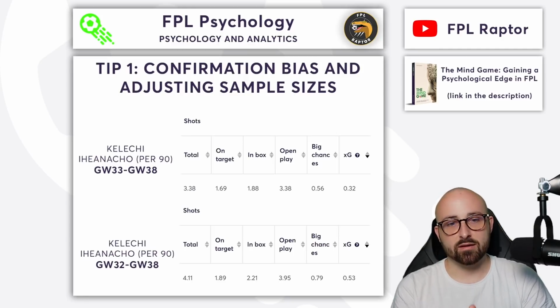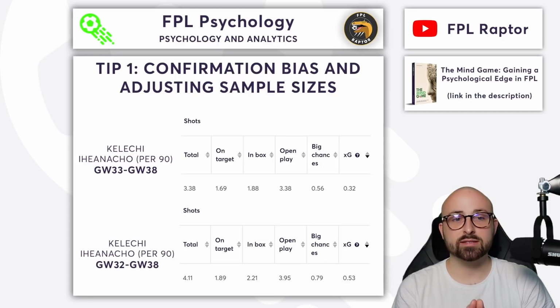If you're just listening, I can read it out for you guys. So the first screenshot is Kelechi Iheanacho statistics from game week 33 to game week 38. 3.38 total shots, 1.69 on target, 1.88 in the box, 3.38 open play, 0.56 big chances, and 0.32 xG.